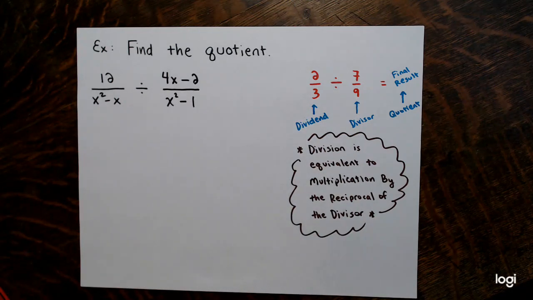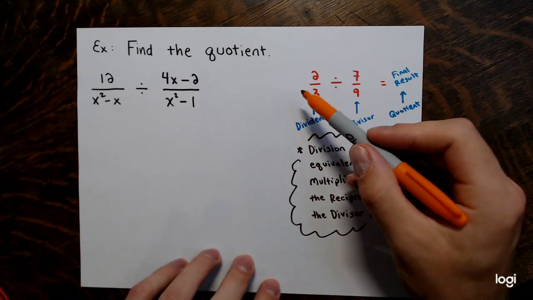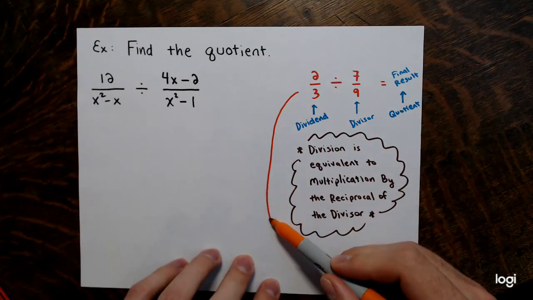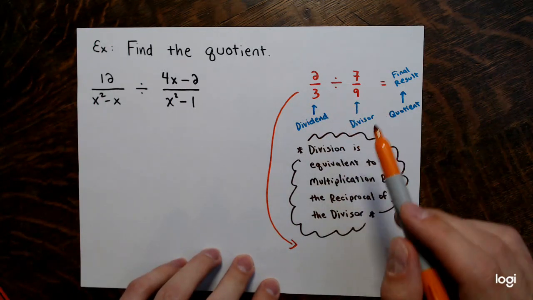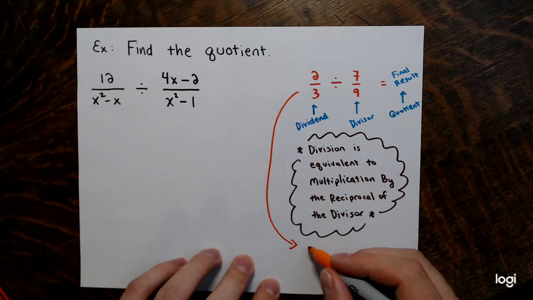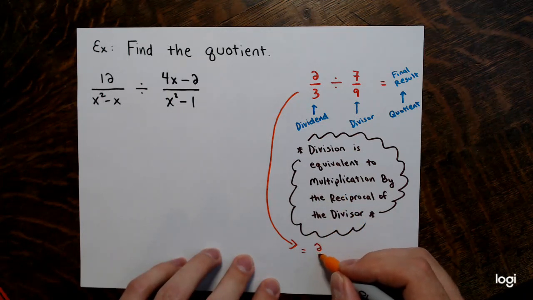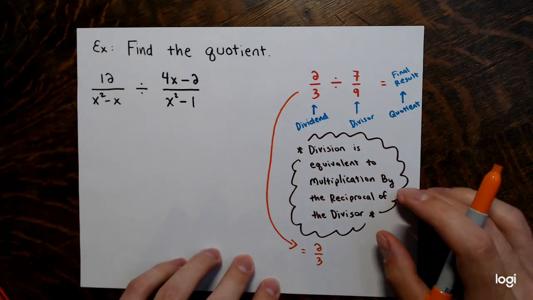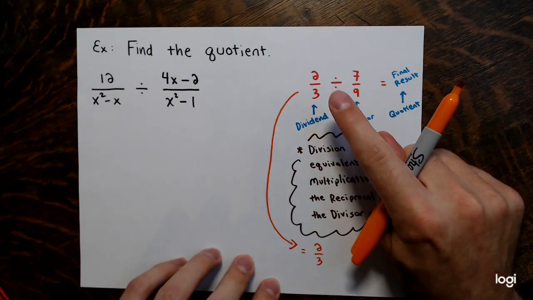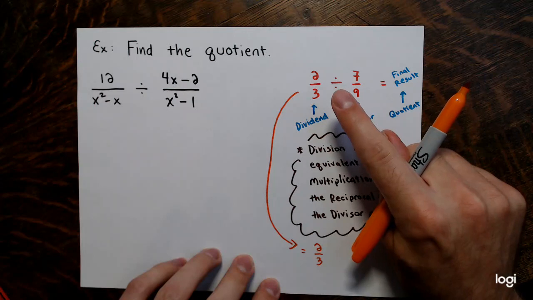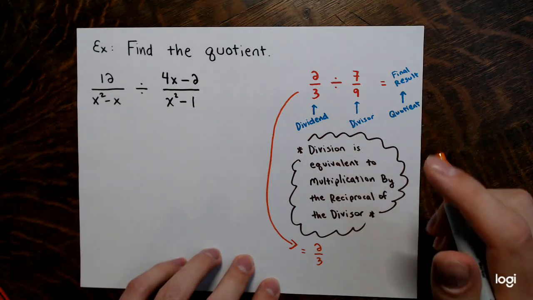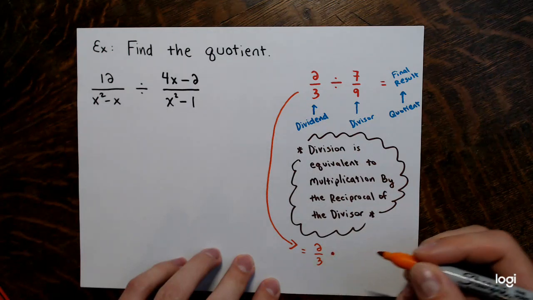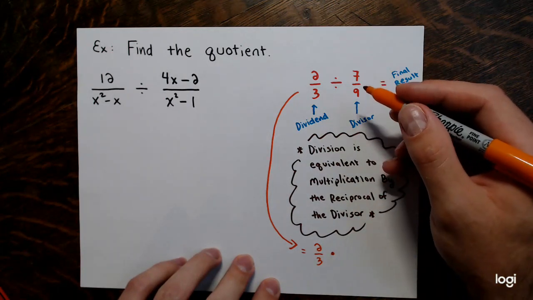So for example, with the numbers off to the side, 2/3 divided by 7/9, the dividend doesn't change. The first fraction, 2/3, does not change. When I'm dividing by the divisor, 7/9, that is equivalent to multiplying by 9/7.